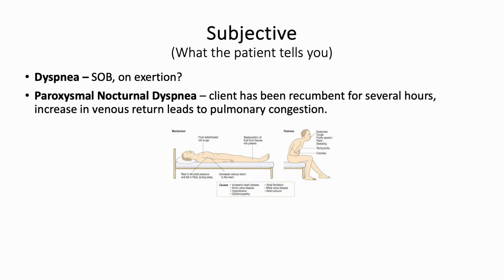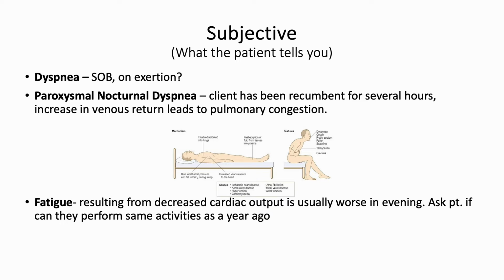Now, there's other types of dyspnea that I want you to be aware of, and it may pop up on the test. Paroxysmal nocturnal dyspnea. This is when your patient has been sleeping flat, supine for several hours. And because of this increase of blood flow causing a buildup in their lungs because it's not circulating correctly, you get pulmonary congestion.